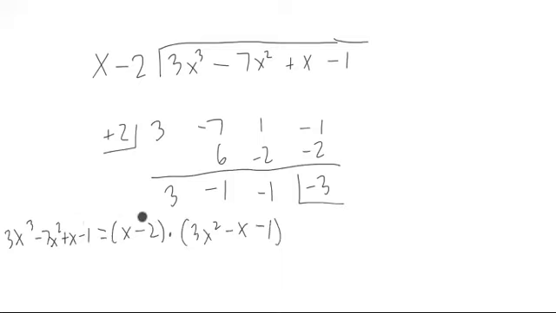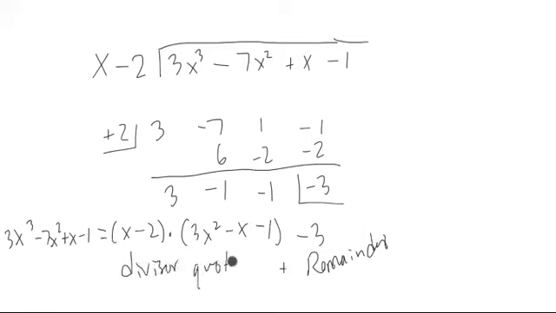This times this is not quite that because there's a remainder, a -3. So if you take the remainder and add to that the divisor times the quotient, you end up getting the dividend.